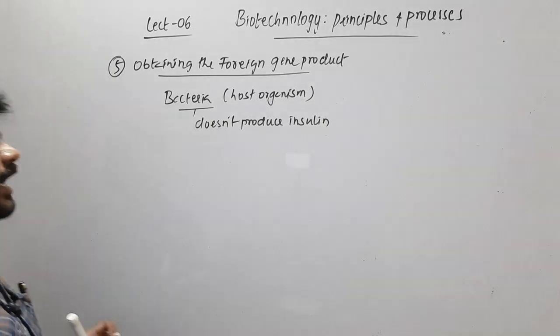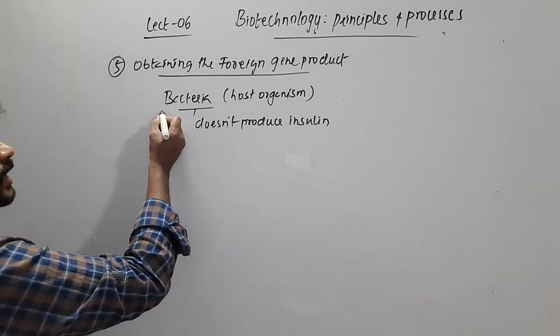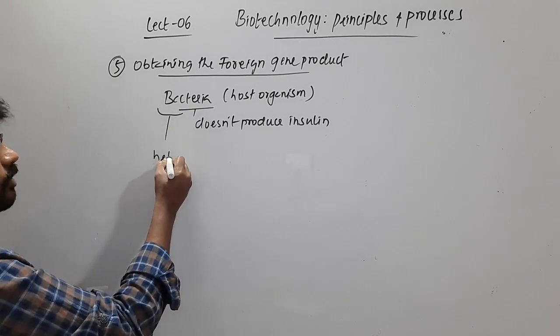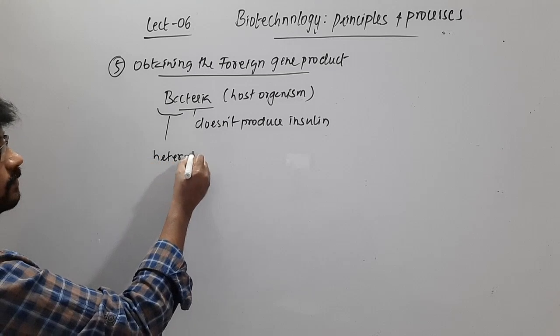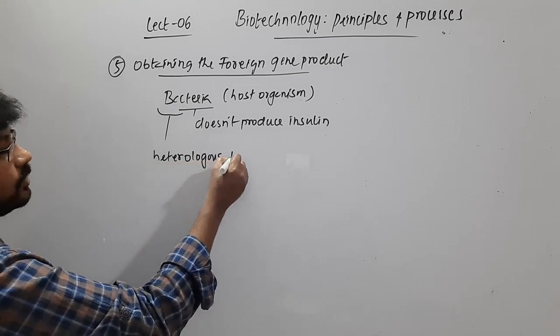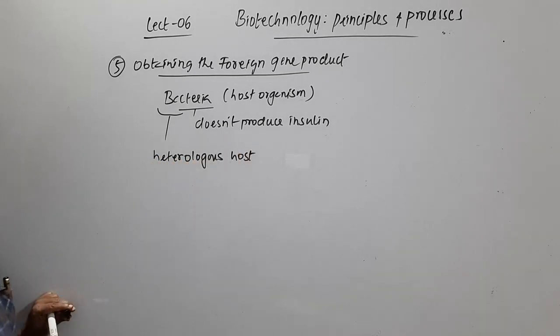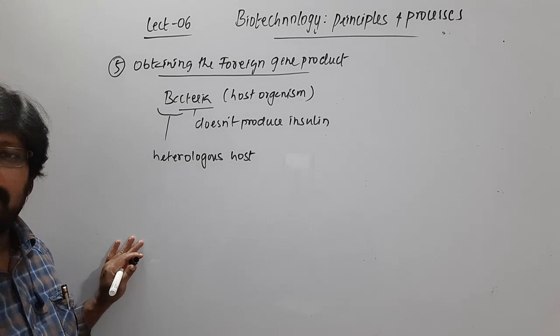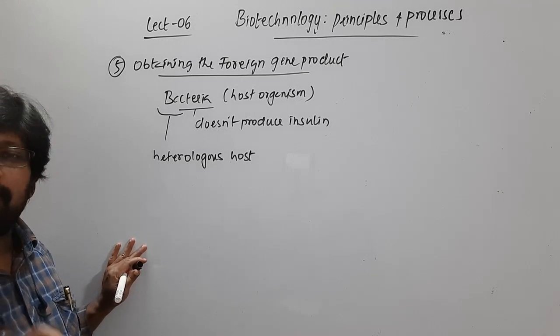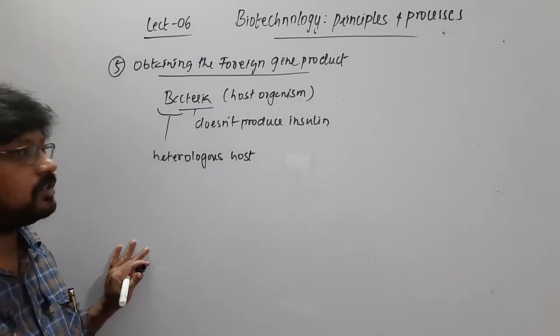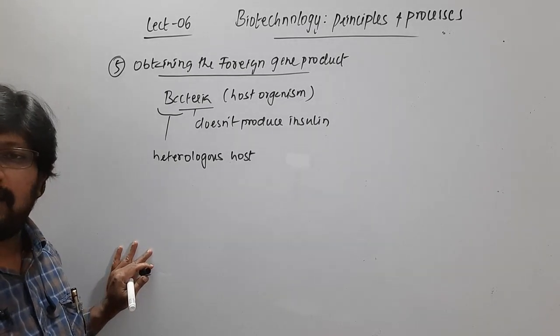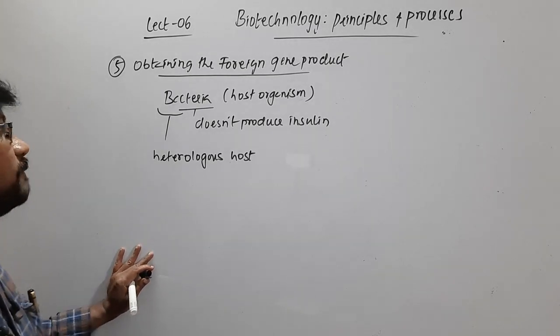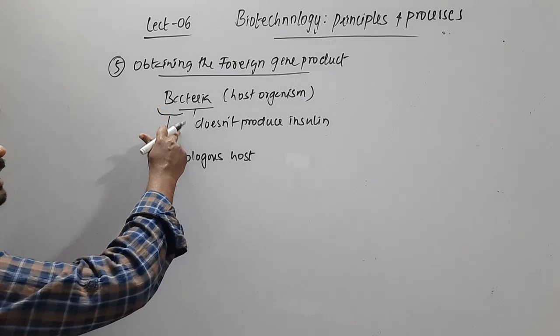Now in such a case this bacteria is called a heterologous host. A heterologous host is a host that normally doesn't produce that particular protein. Of course, insulin is a protein hormone, right? And it is not produced by this bacteria.